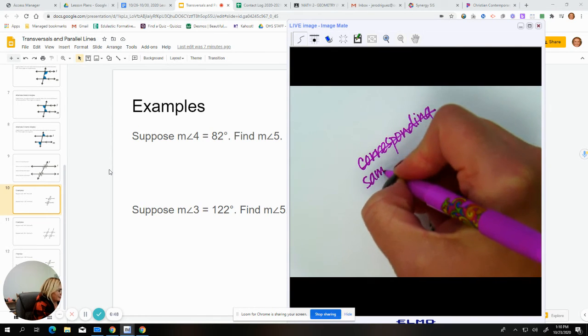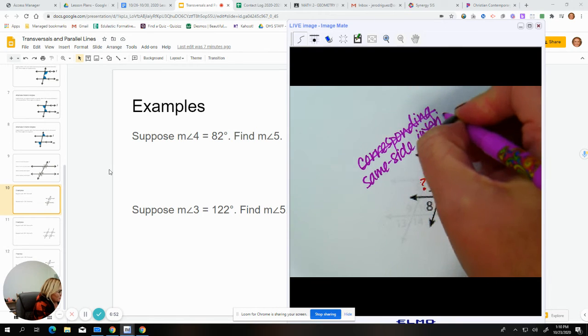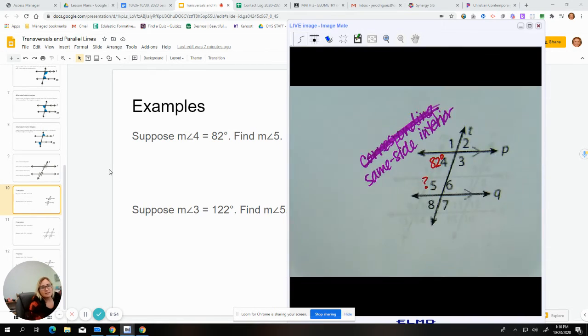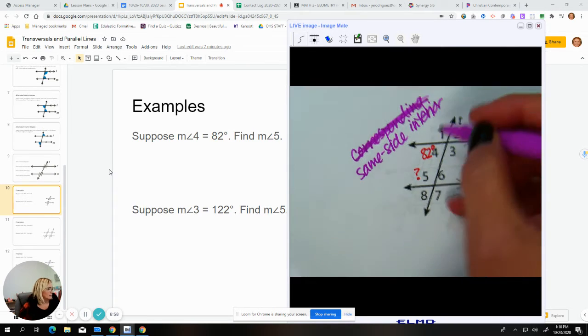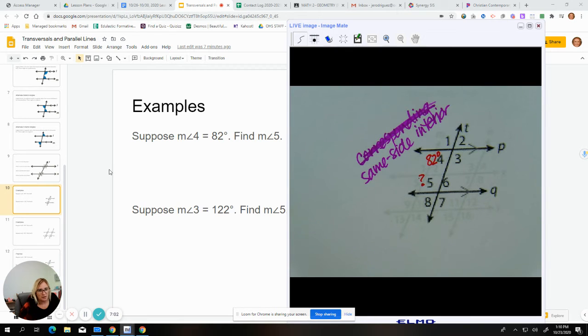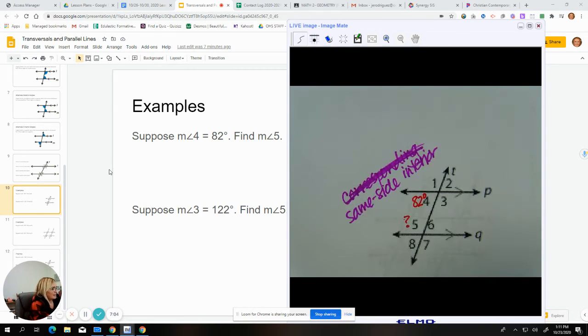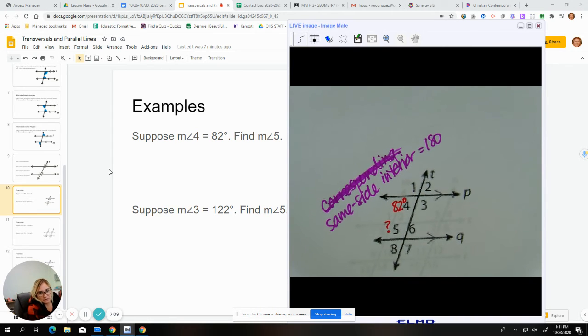Same side interior. Same side interior. Inside the parallel lines, okay? And same side of the transversal. So we know same side interior has to be equal to 180 degrees.